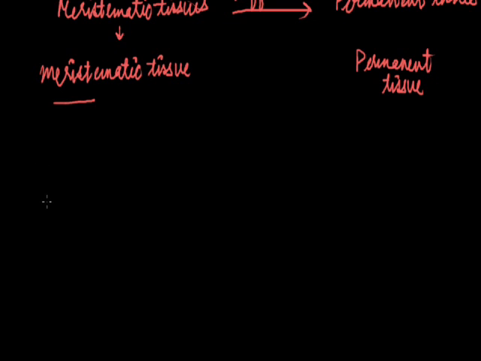In the meristematic tissue, cells are small and may be round, oval, rectangular or polygonal.